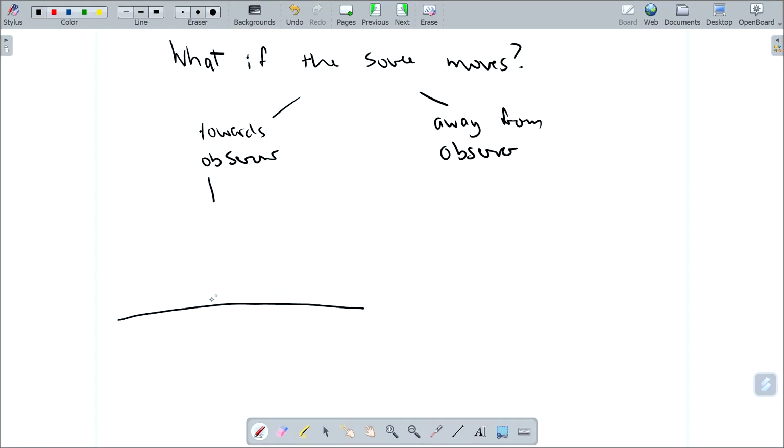So there's the ground, there's the observer, and here's the object moving, and I'm just going to make it as a point object, and the object is moving towards the observer.